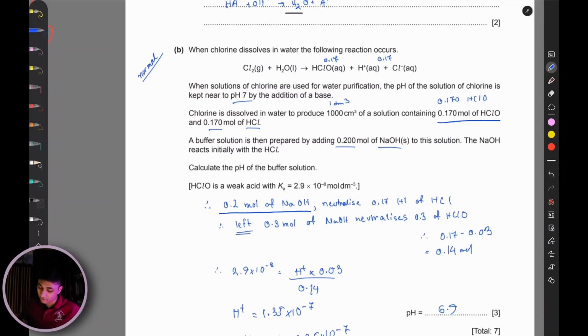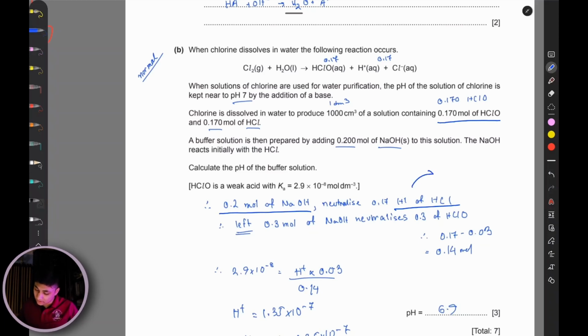So if you have 0.2 moles of NaOH, it is going to go through a neutralization reaction with HCl, right? So 0.2 reacts with 0.17 moles of H plus ions of HCl. It is going to neutralize all of those 0.17 moles of H plus ions.